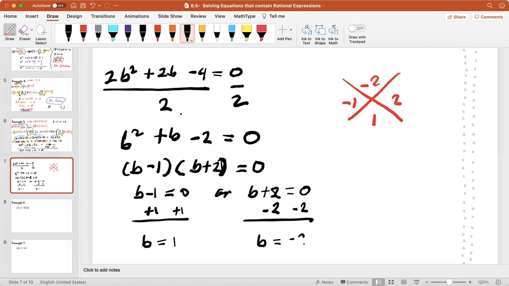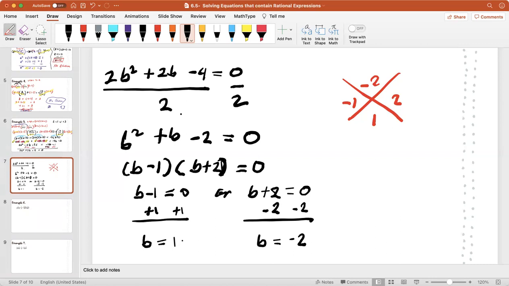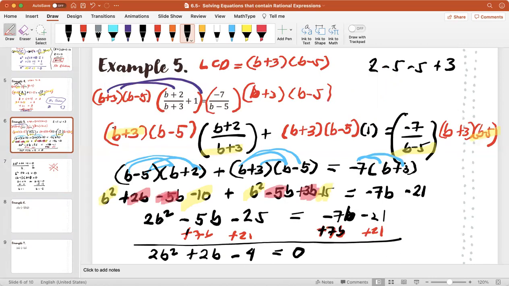The question is, are these your solutions? Let us check our denominators. What do we have in your denominators? b plus 3, b minus 5. So let us check first 1. Is 1 a solution? We are avoiding any value that will make our denominators 0.